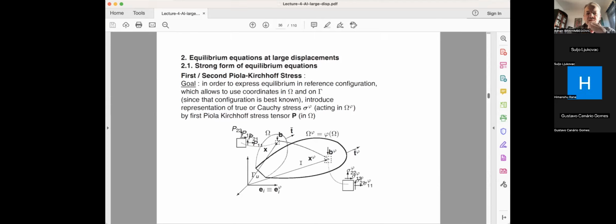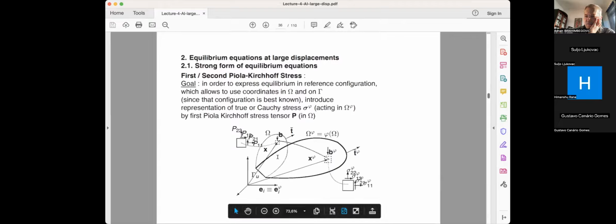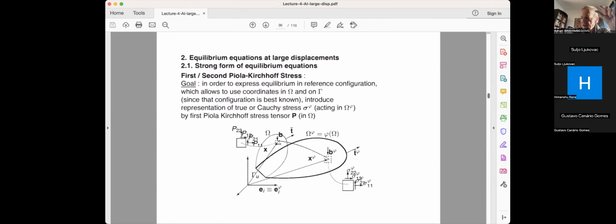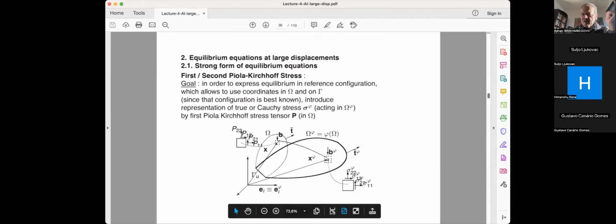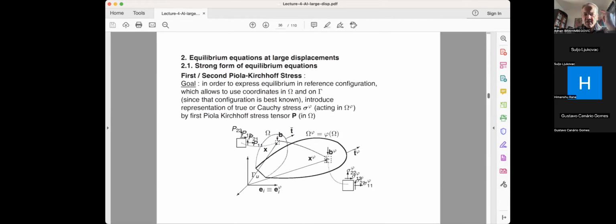So here we have an illustration. In the dotted line, I have my initial configuration, where every particle is identified with its position vector x, and I build a small infinitesimal element around this particle, let's say dx1 times dx2 if it's 2D, or times dx3 if it's 3D, and I apply my distributed load b and t, and then I take this load down to the deformed configuration, in which case the particle ends up in the new position, which is identified with the position vector x phi.